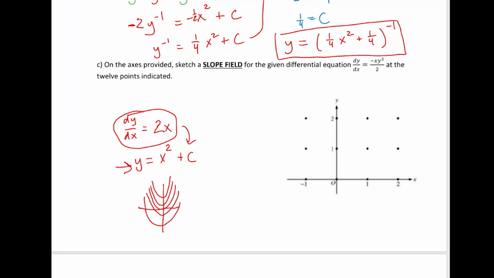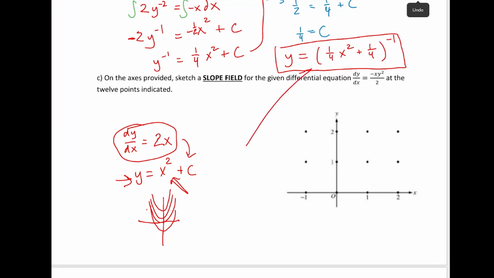Now, I'm not really doing a very good job sketching this out because I'm just trying to do it quickly. But we want a way to show what the graphs of all the solutions are. Because most of the time they're not going to be as simple as just x squared. Sometimes they're going to be more crazy like this. We're not going to know exactly what it looks like just by memory. Creating a slope field is a way to construct what all those solutions are going to look like.